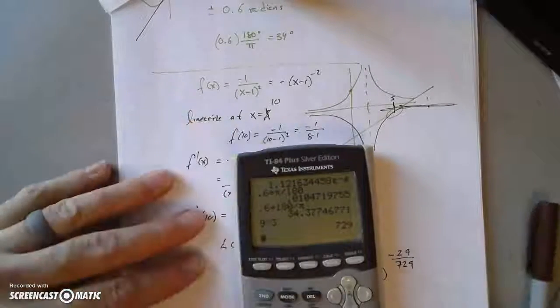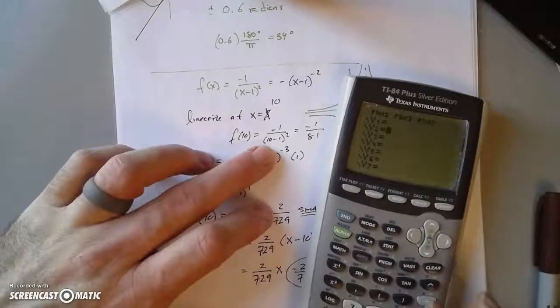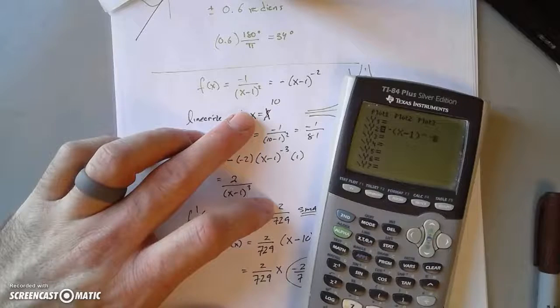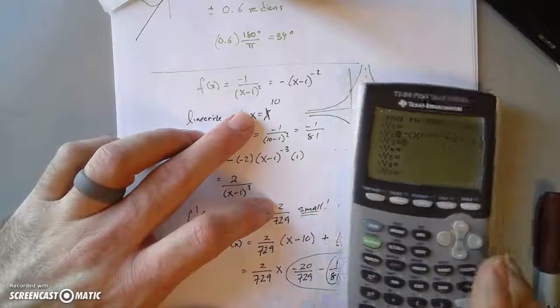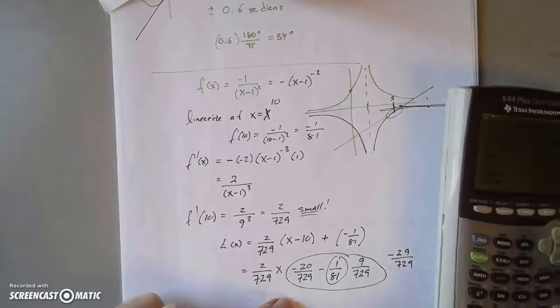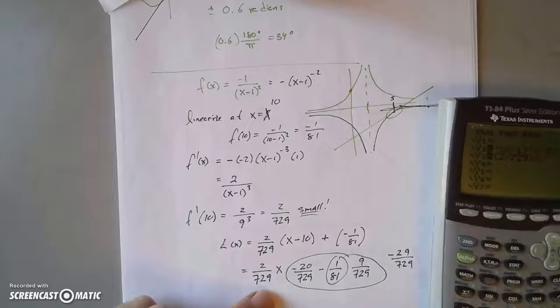Let's see if we can make this work. So our function is minus x minus 1 raised to the power of minus 2. Let's use some parentheses here just in case. And then our tangent line is 2 divided by 729 x minus 29 divided by 729.